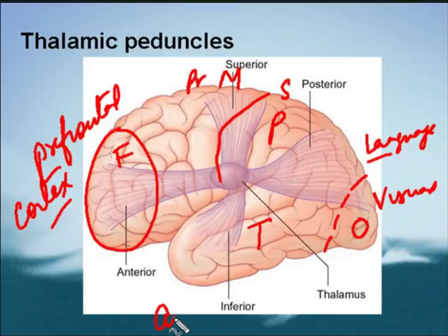On the medial side you have the olfactory area. So this is how the thalamic peduncles are connected to the different parts of the cerebral cortex.